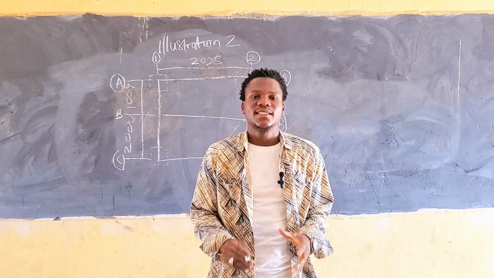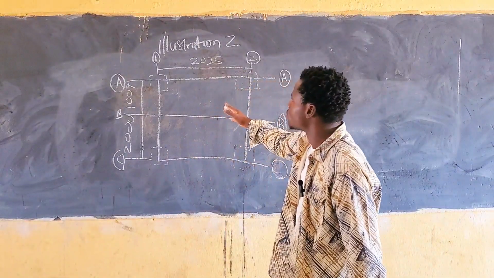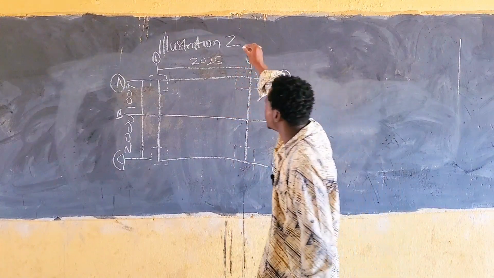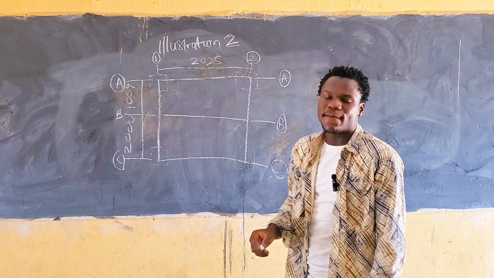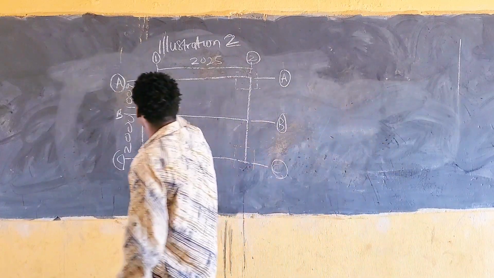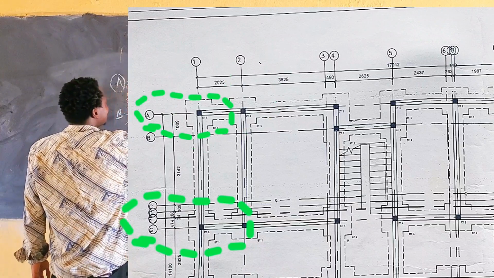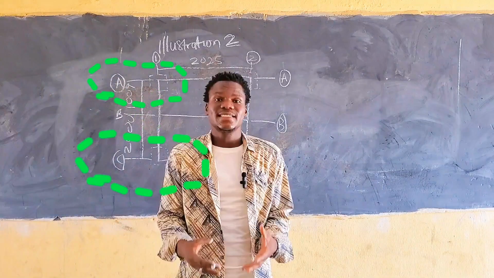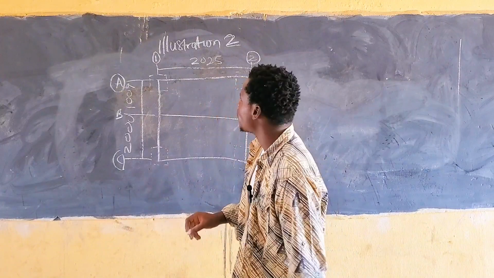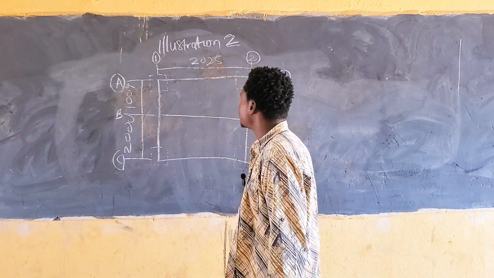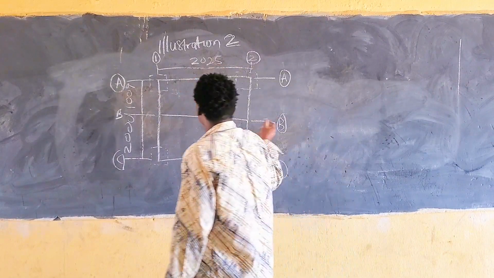But before we do that, there's still one more thing we need to understand. The foundation layout, this is an illustration. This is the illustration 2. The foundation layout is labeled alphanumerically, with the vertical sides labeled numerically and the horizontal sides labeled alphabetically. These labels are used to locate and identify the dimensions. So for example, if you want to identify the dimension of this place, we'll simply say, where does it fall?